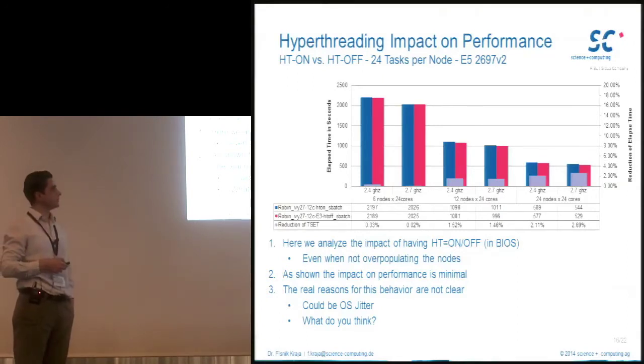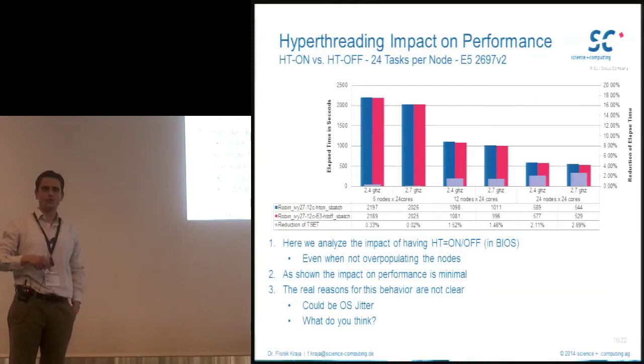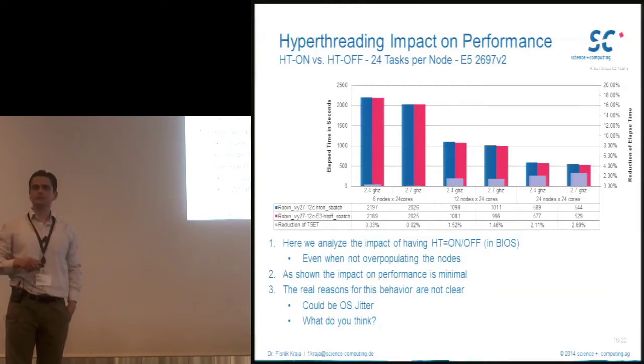And the result shows that the elapsed time is reduced by around 2.7% on the node which has hyperthreading off. And this is what I call a minimal impact. I was told that you could maybe see a 10 or 20% impact when you have hyperthreading on, but you do not use it.